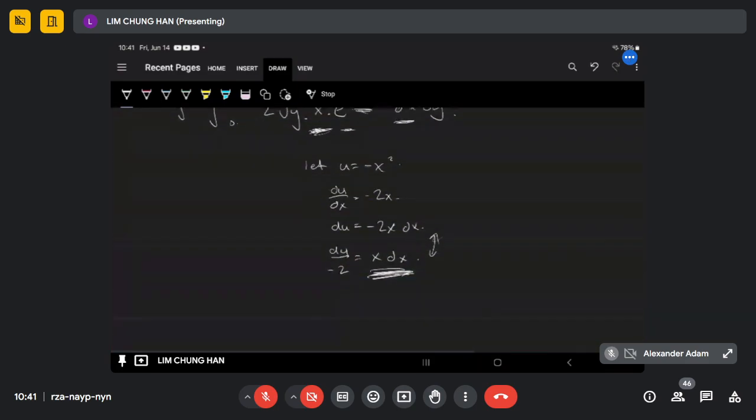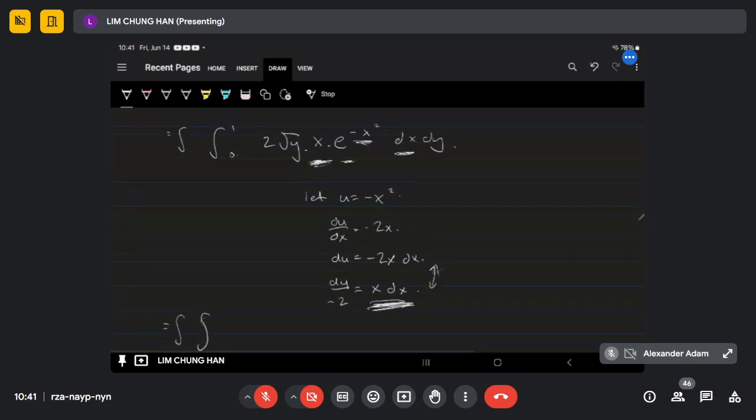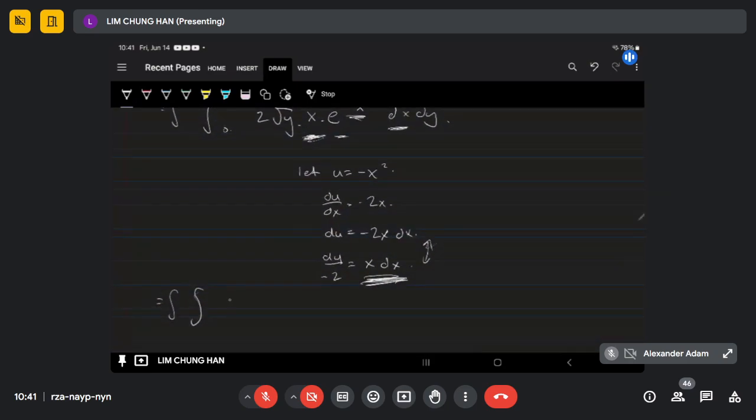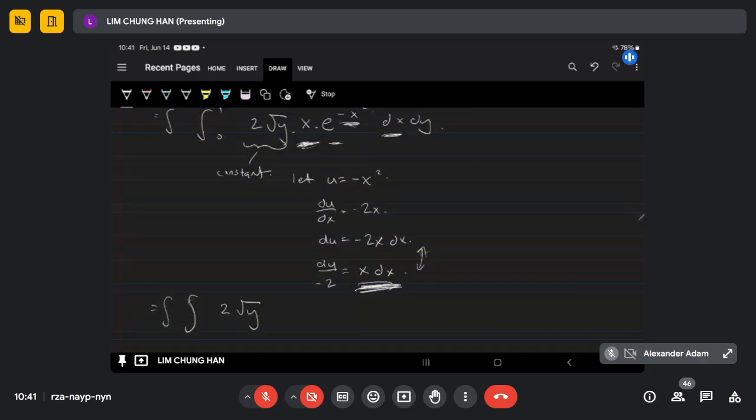So therefore, this one is constant, so I write it down. 2 square root y is constant, don't touch. The only thing we touch is the x e to the power part.